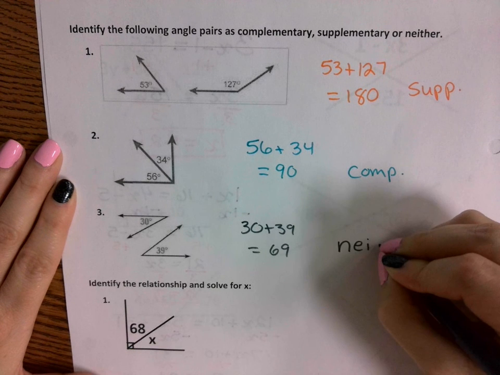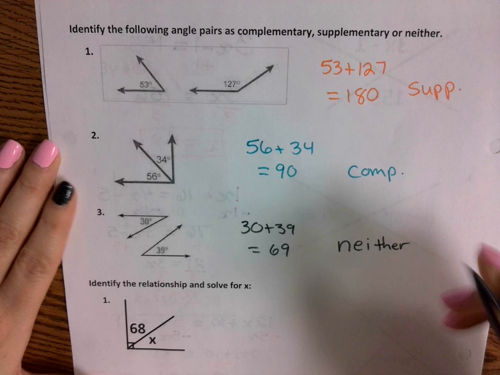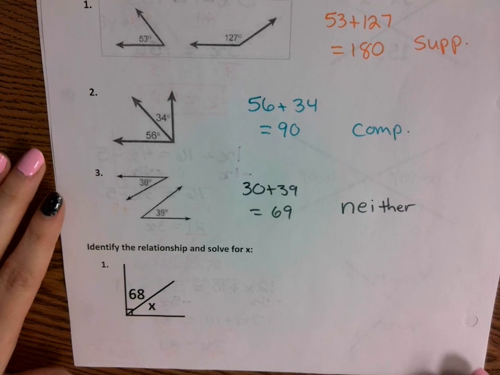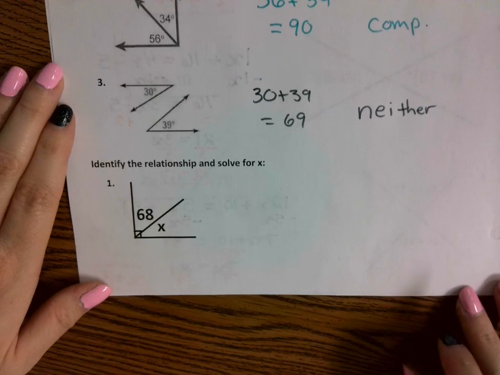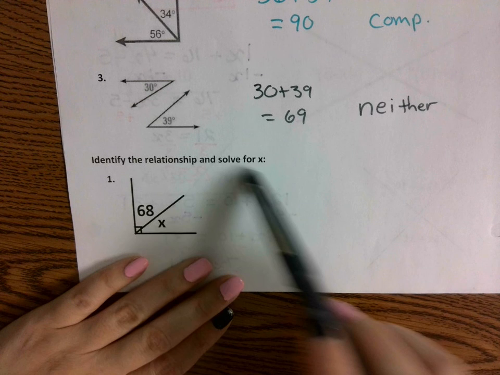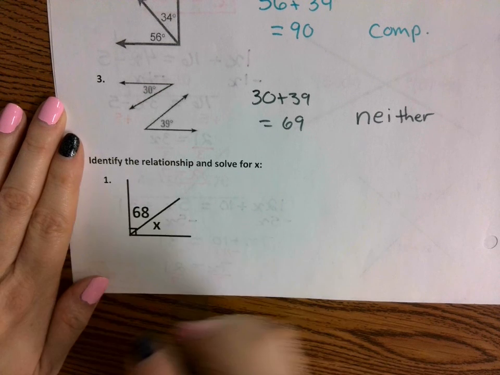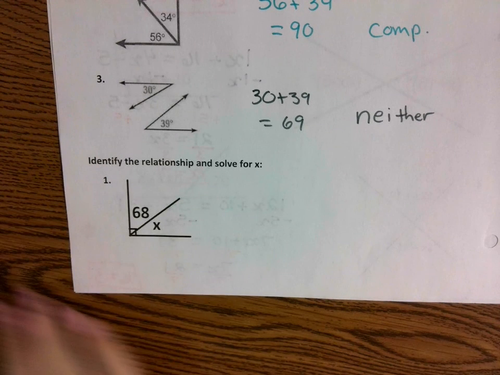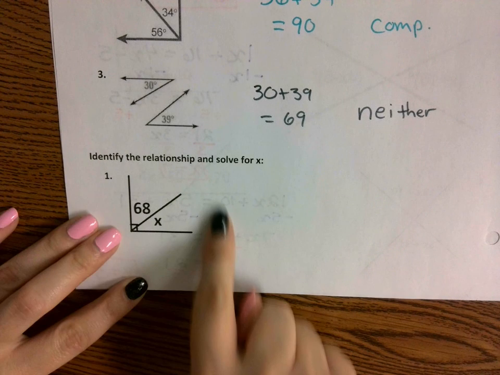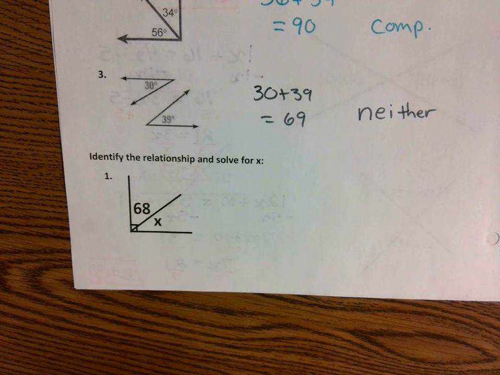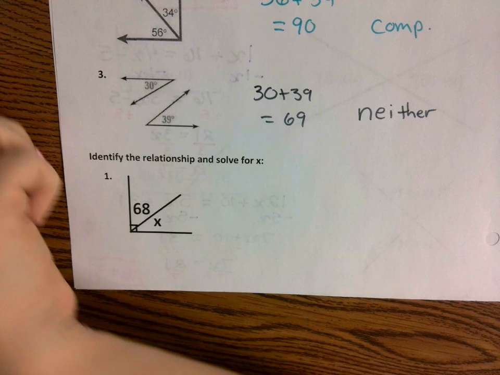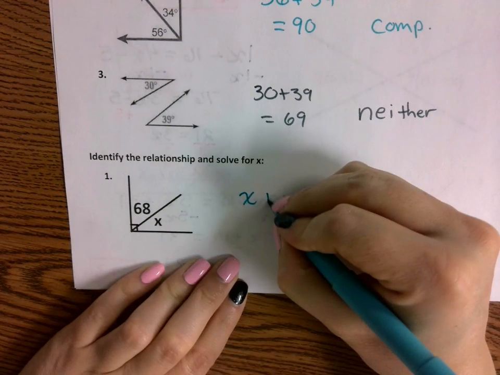Okay, and now you can use the complementary and supplementary relationships to also solve for angles. Knowing that this is forming the L shape and it has that nice lovely little box there as well, that means it's creating a complementary angle set. So what I can do is set this up as x plus 68 is supposed to be equal to 90.